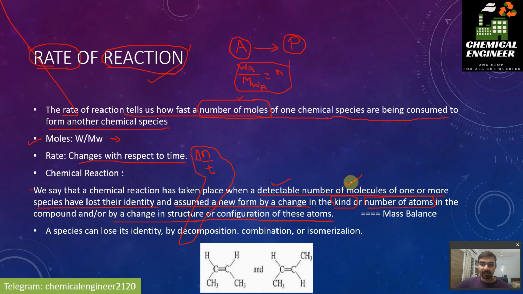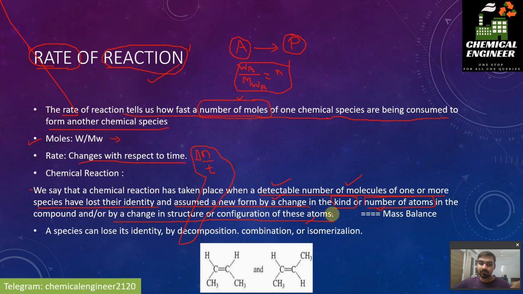Okay, it may be because those molecules have taken a new shape by changing their atomic structure, or by transferring a number of atoms from one form to another form. So this is why we call it a chemical reaction.